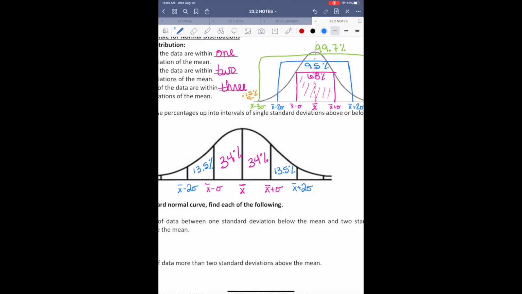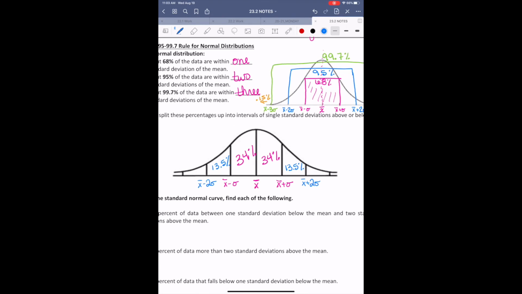Okay. Then we're going to take it one step further, the 3 standard deviations. Okay, and with the 3 standard deviations, we know that 99.7 minus 95% gives us a total of 4.7%, right?